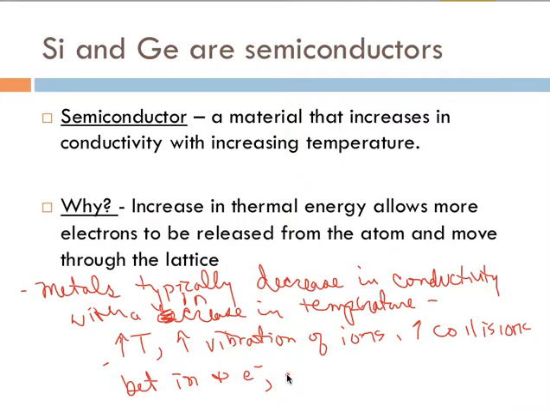And this actually causes more resistance to the flow of electrons. Semiconductors, I increase that thermal energy, I release more electrons into the structure. Metals, because their valence electrons are already free to move, increased energy just increases some motion, causing more collisions and a resistance to the flow.